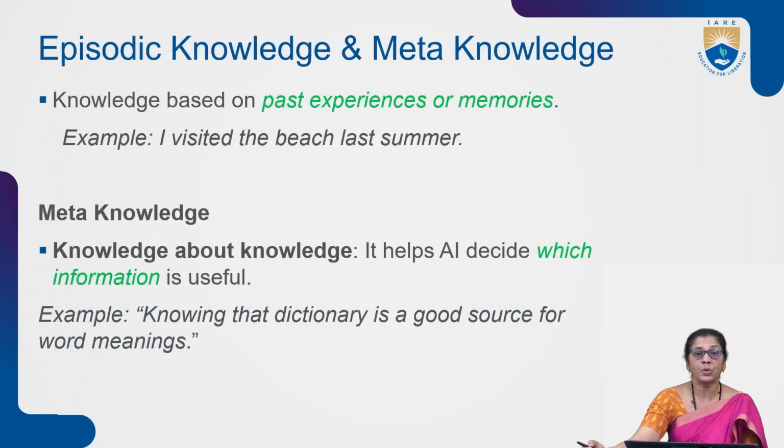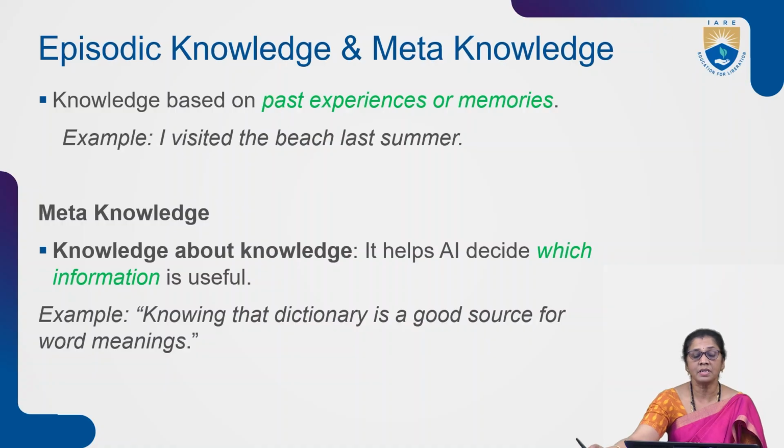Next is episodic knowledge and meta knowledge. Episodic knowledge is nothing but what we can even call memory-based knowledge. It mainly focuses on your past choices, or your past browsing history. It is knowledge based on past experiences or memories. For example, I'll say I visited the beach last summer.